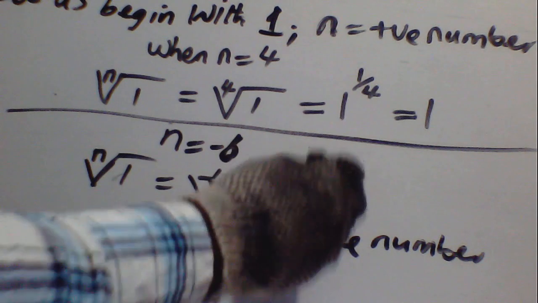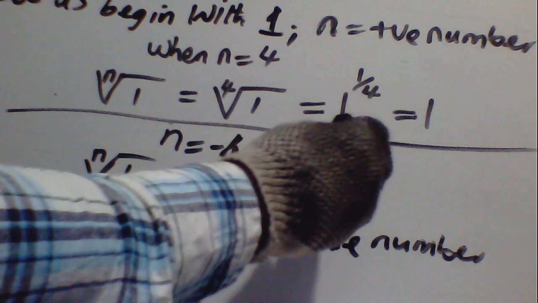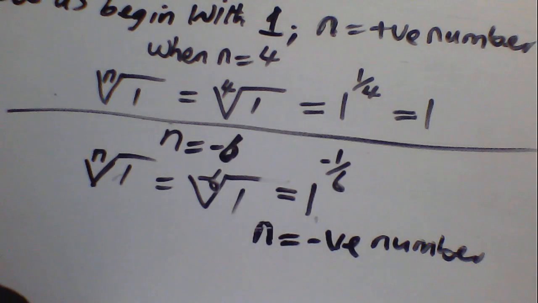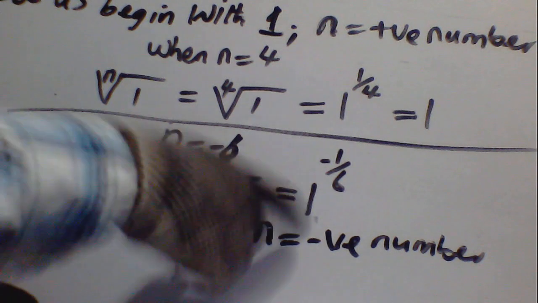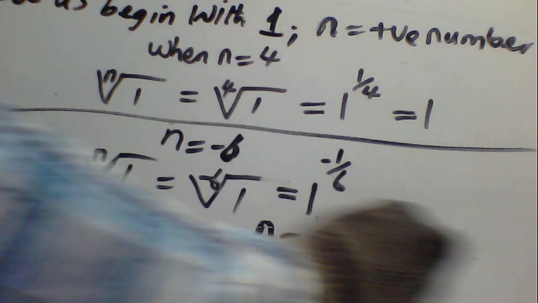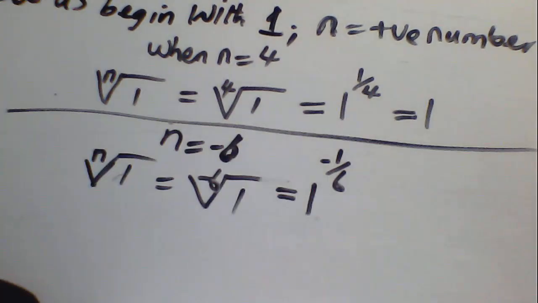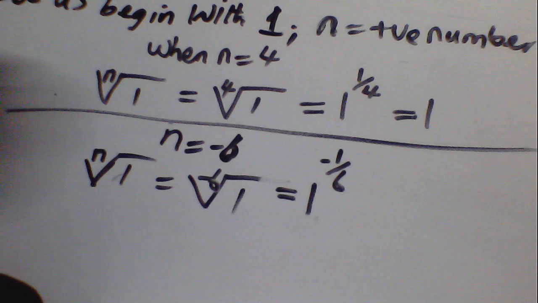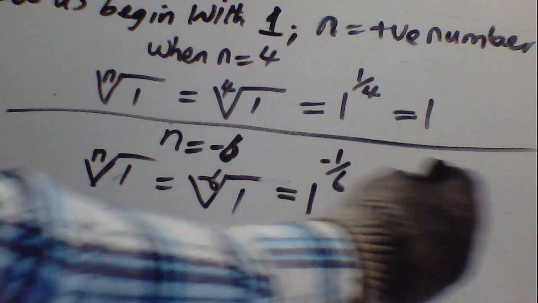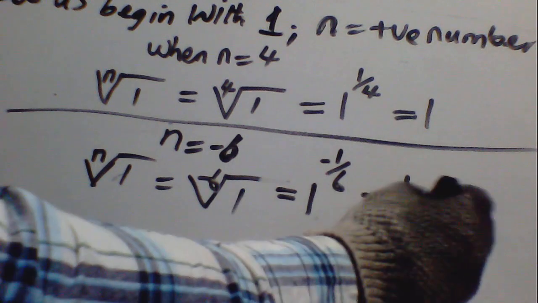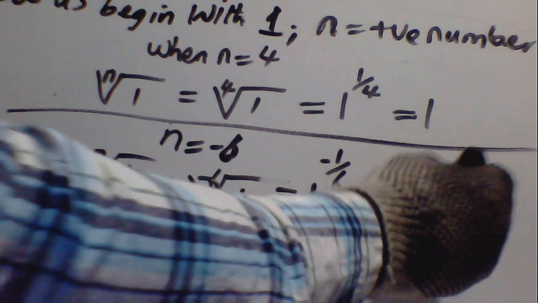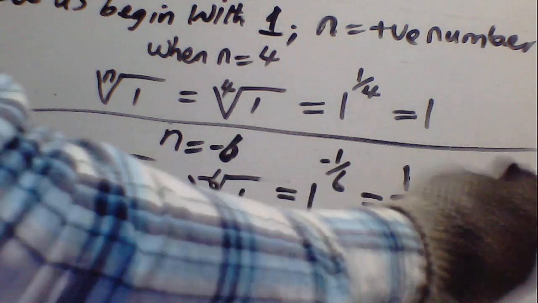This gives us 1 to the power of -1 over 6, is it not? Since it is a negative power, you have 1 over 1 to the power of 1 over 6, and this gives us 1 over 1, which is 1.